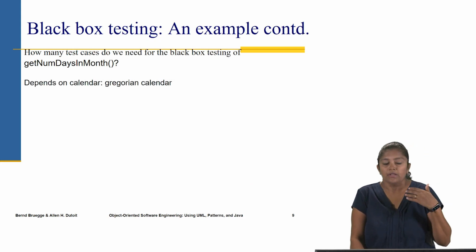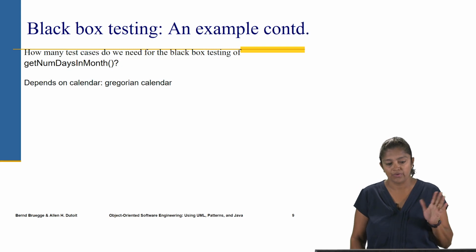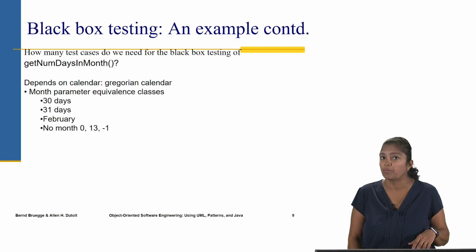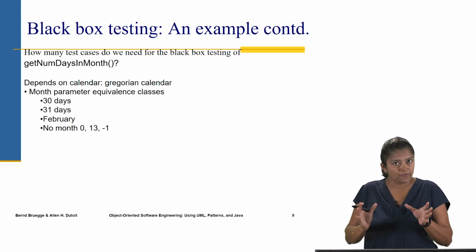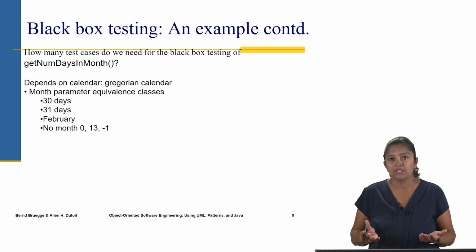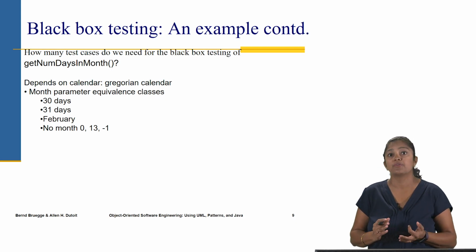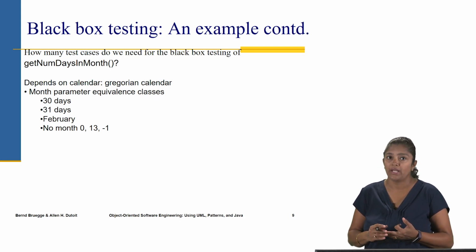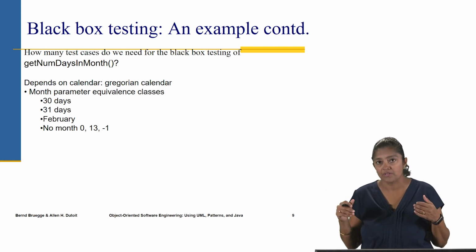Now, let's assume that this calendar is a Gregorian calendar. We are going to use our knowledge of the Gregorian calendar in order to come up with these equivalence classes. We'll analyze our first input, which is the month. Typically months have either 30 days or 31 days, with the exception of February, which is 28 days, and again with the exception that in a leap year it's different.